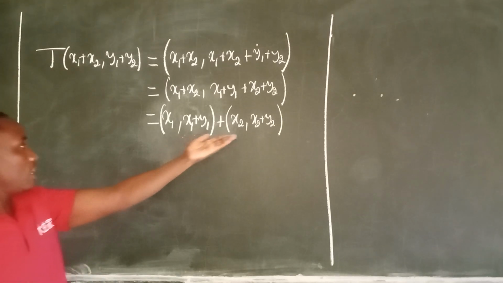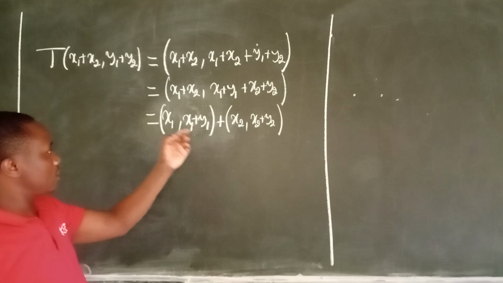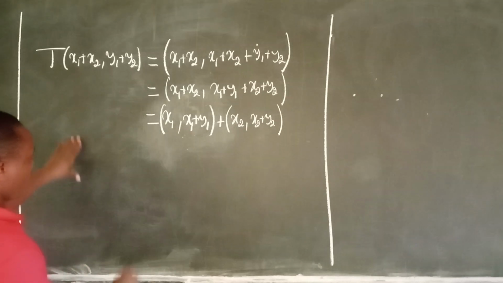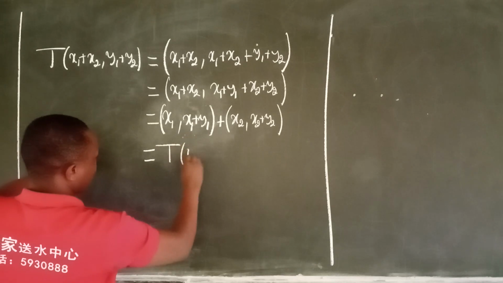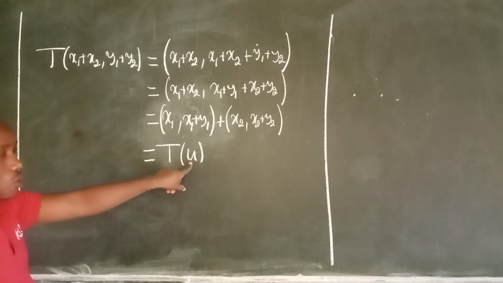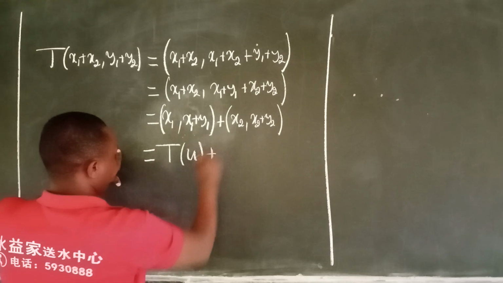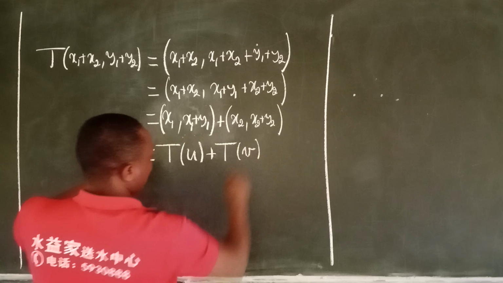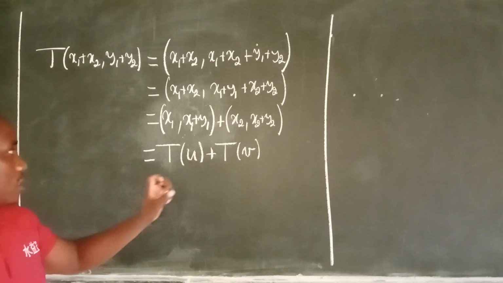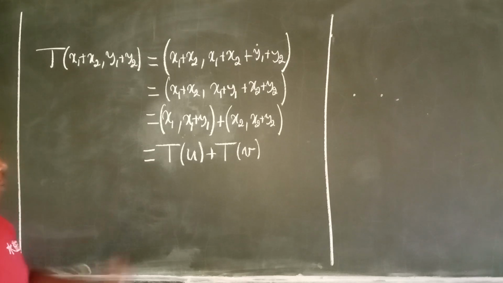We had v, which is (x2, y2), and u, which is (x1, y1). This is equal to T(u), because our u was a vector (x1, y1), plus T(v), because our vector v was having coordinates x2 and y2. The property number 1 is fully verified.